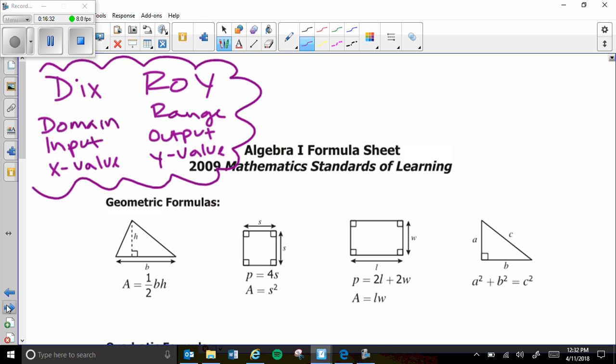And remember, at the end of this unit, we have a formula quiz, so make sure that you're getting these formulas and acronyms embedded into your brain so you can remember them and do outstanding on your formula quiz.